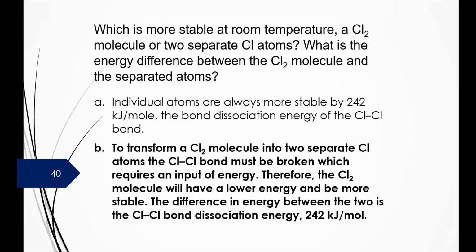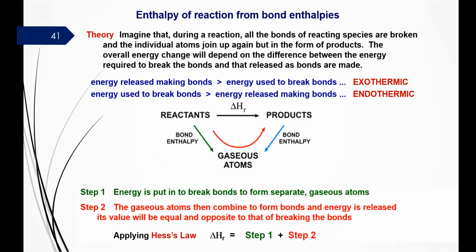And so the idea behind using the bond enthalpies is that we can take all of our reactants, we can break them apart into just gaseous atoms. Right? So we can just have a bunch of those atoms all floating around by themselves, and then we can re-put them together to form other products.